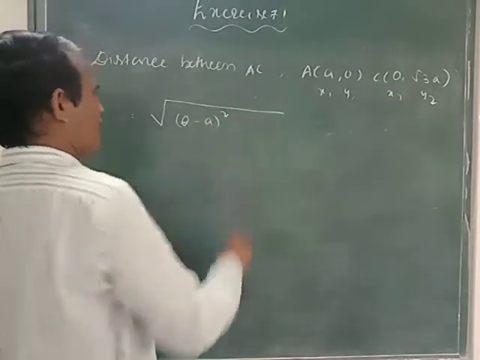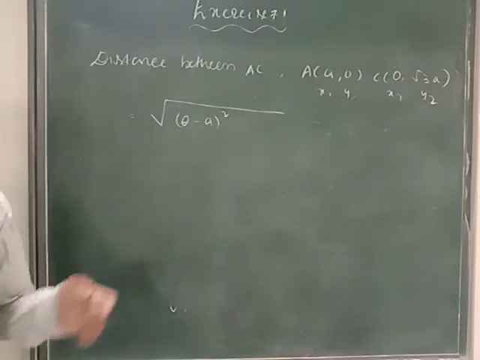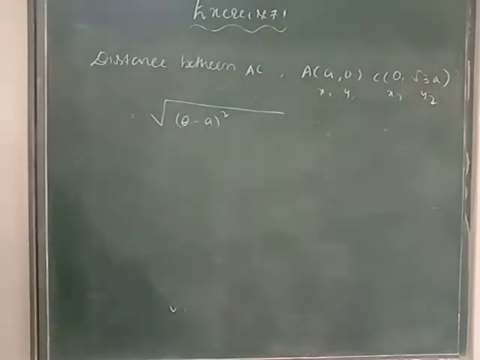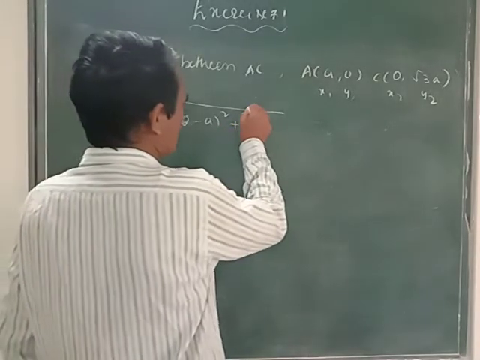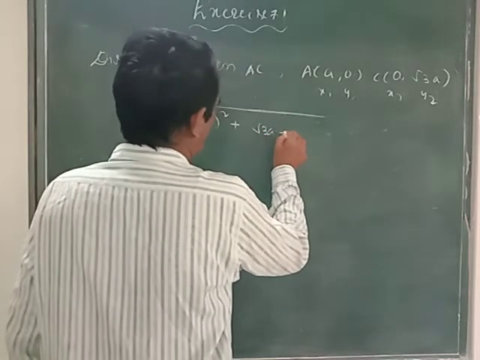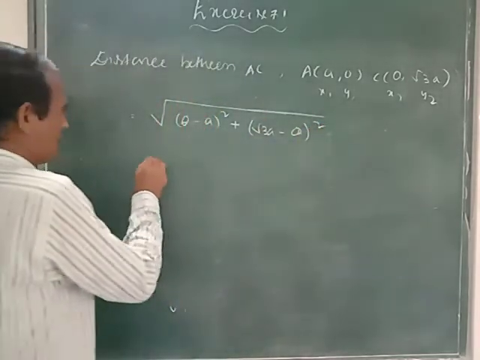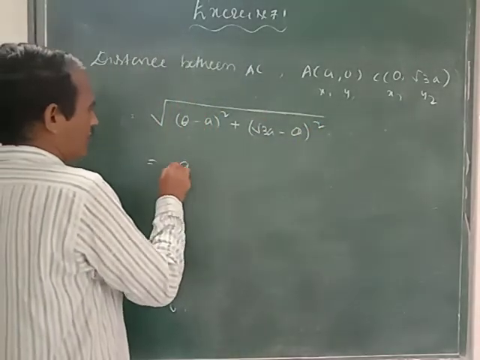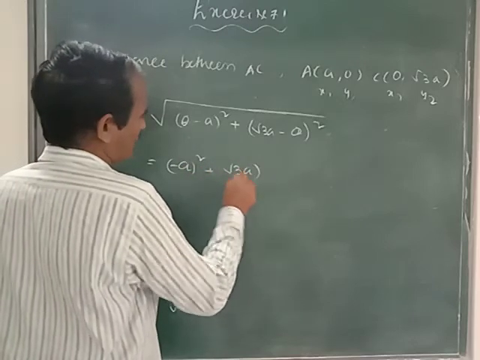Just observe, before it is a sum, minus of minus I get. Why? x1 value is minus a. Here no need to keep the bracket. Then y2 minus y1, root 3a minus 0 whole square.